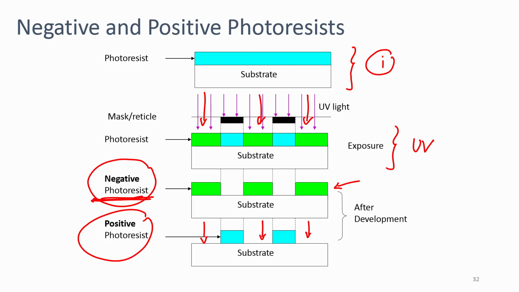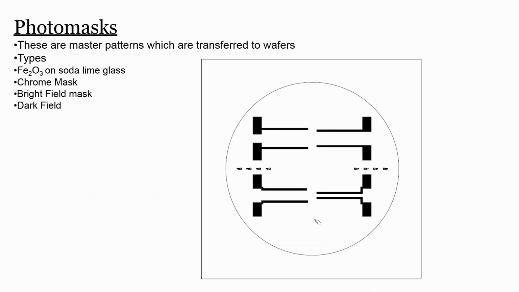The area which is exposed by UV light, that area the photoresist will get developed if it is a positive photoresist. You got it? Easy, right, very easy. It is a negative photoresist and positive photoresist. It is very easy to understand what will happen if I use a particular photoresist.